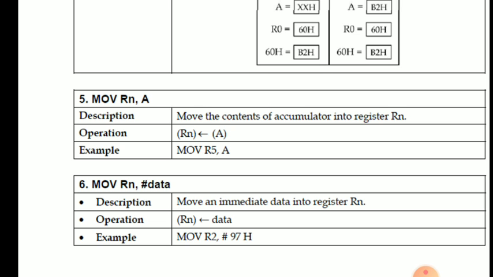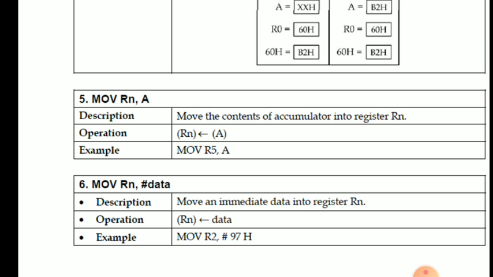00H is also data. It may be 00, but it's not some unexpected or malfunctioning data, so not random data. So 00H you can also write. So the accumulator has some value 32H, and the Rn register which we have mentioned in the example is R5.